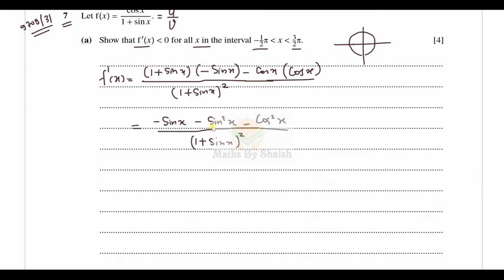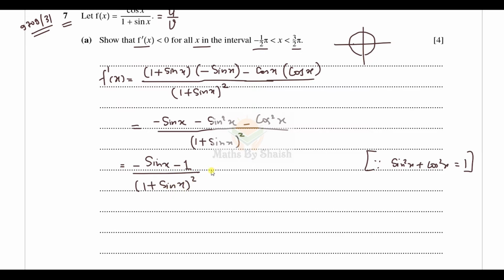We can see there is sin square x and cos square x, with a minus at both places. Since sin square x plus cos square x is equal to 1, we can rewrite it as minus sin x minus 1 over 1 plus sin x whole square.